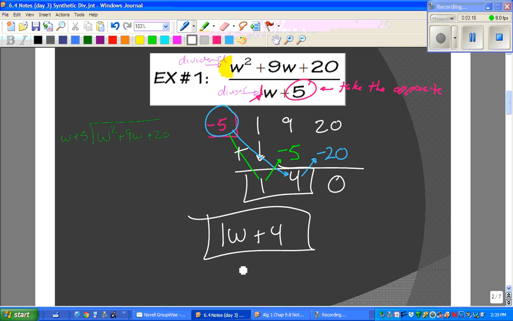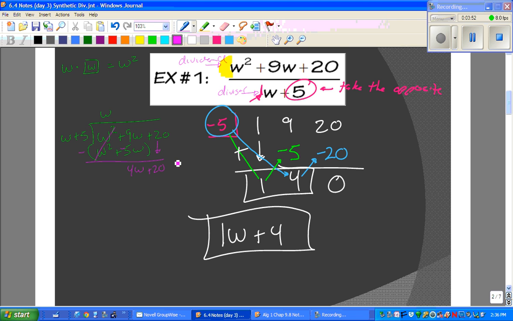So you might look at this and be like, whoa, what just happened here? Let's go through and do it off to the side over here. If you're thinking w times what equals w squared, that's w. You would multiply to get w squared plus 5w, and we are subtracting that, so you get 4w.